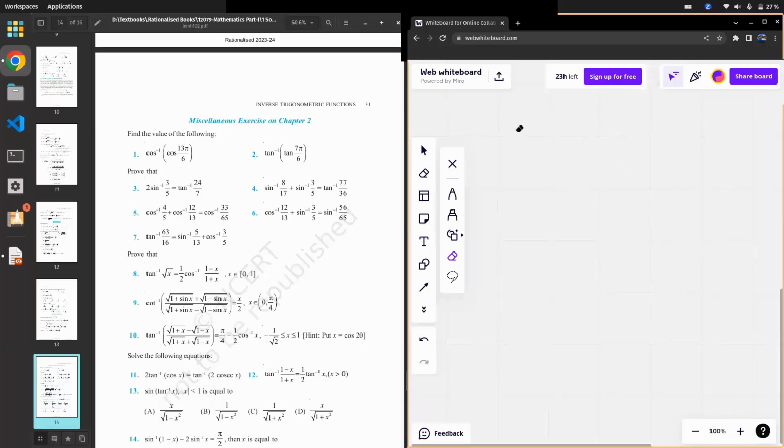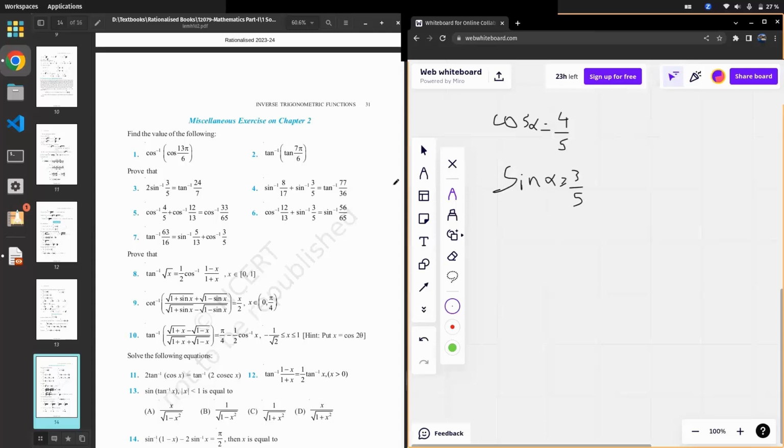If we suppose cos alpha is equal to 4 by 5, we will get sin alpha is equal to root of 1 minus 4 square by 5 square, which is 9 by 25. So we'll get sin alpha is equal to 3 by 5.